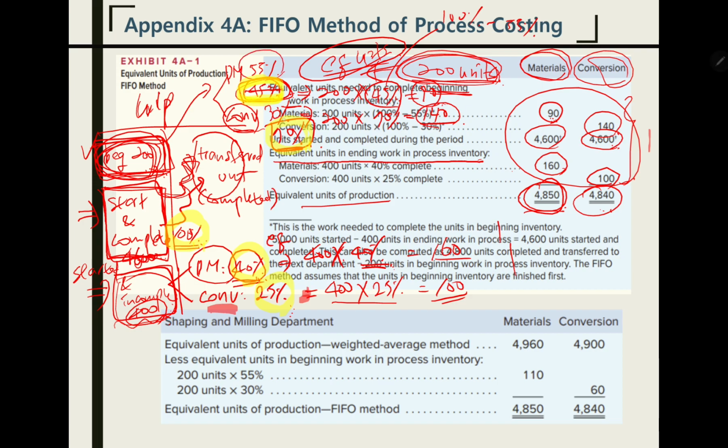So this 55%, 30% of cost that is made in the previous period, they are not included in this equivalent unit calculation. So they are only the current period. Okay. So we are done with the calculation of equivalent units.